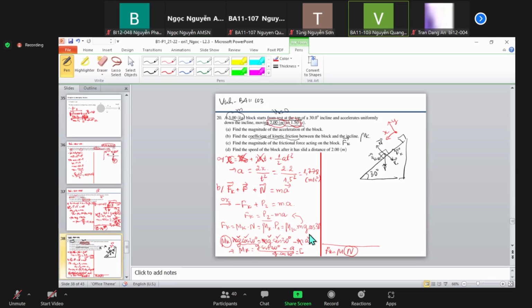Is it equal to 1.2? No. 0.2? 0.204? No. The value I calculate here is 0.367. Someone can help me check if you did it at home.